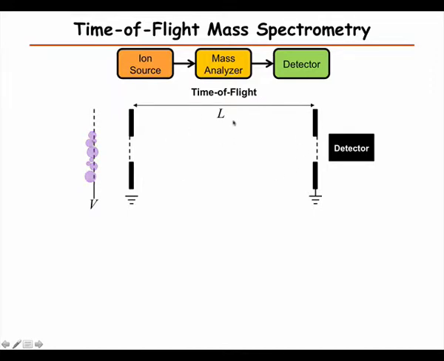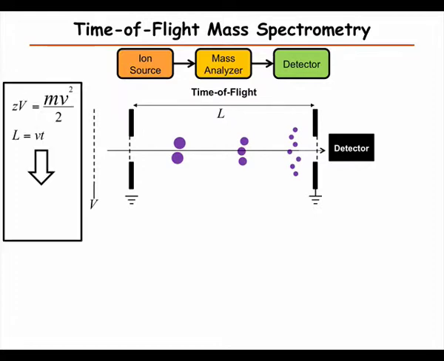Since they all get the same kinetic energy, the heavy ones fly slower and the light ones fly very fast. Then you record a spectrum in the detector, and usually by having some internal calibrants, you can convert the time to mass to charge.